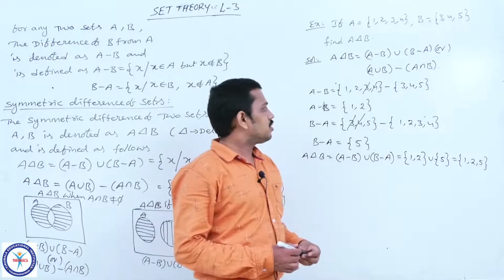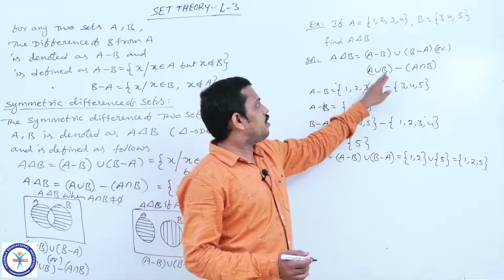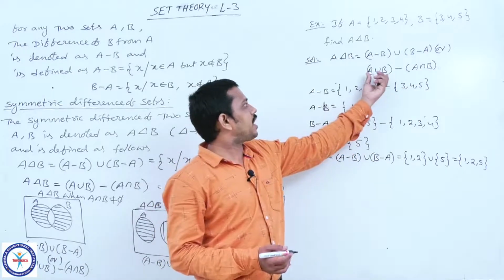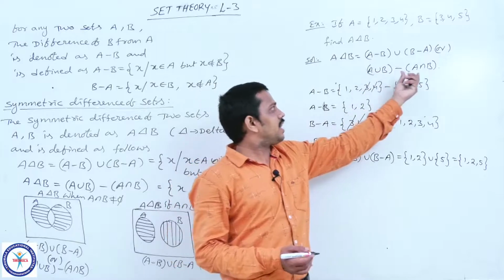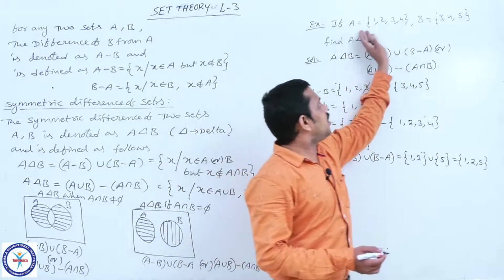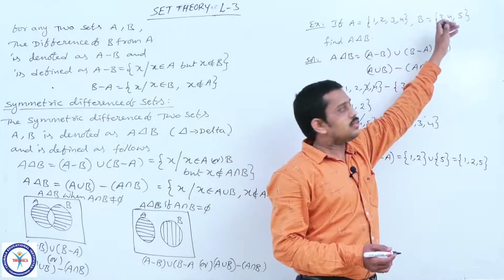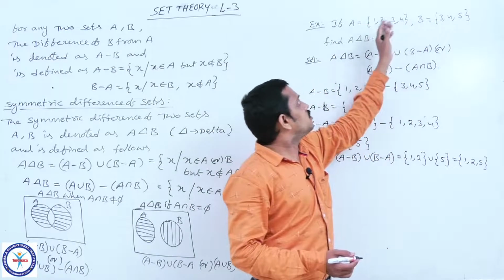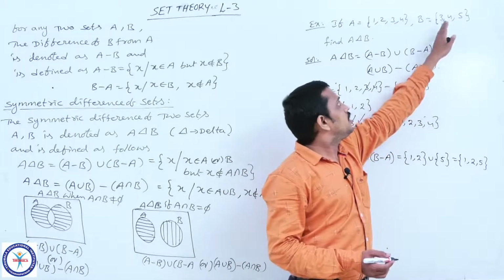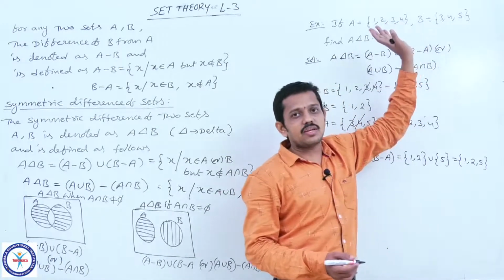We can also solve this by using A union B and A intersection B. First we find A union B, then A intersection B. What is A union B? All elements taken together: 1, 2, 3, 4 and 5. Here 3 and 4 are repeated, so we write them only one time.